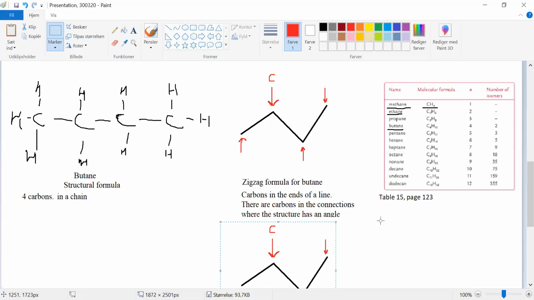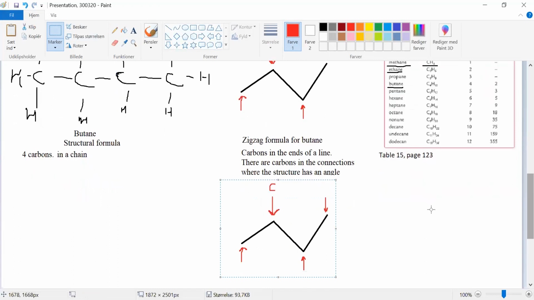But we know that it's also going to have a lot of hydrogens as well. And if I can figure out how to erase this. There we go. So we know that carbon must always have 4 bonds.